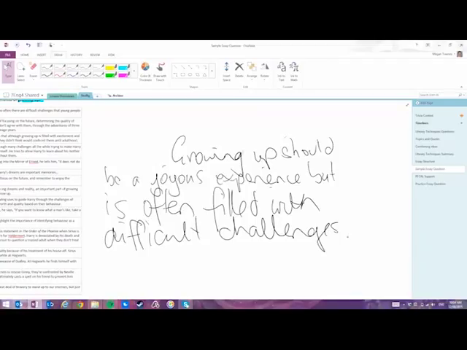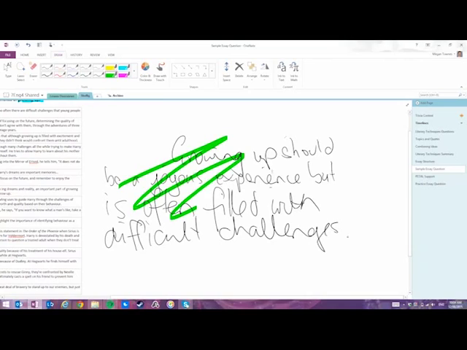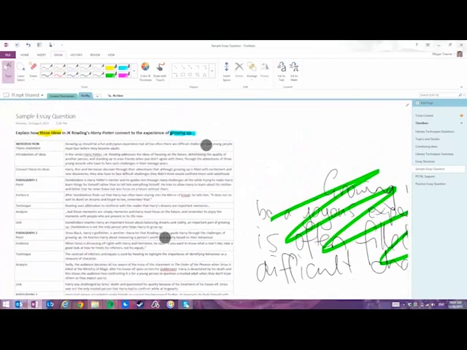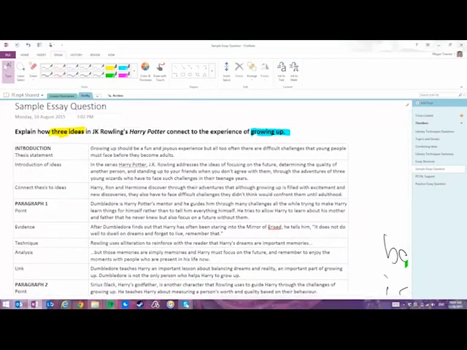with a thesis statement. So based on that thesis statement that I have created, you're then able to begin your essay and start to think about what that would look like. So for the introduction thesis statement, I've got just here, "Growing up should be a fun and joyous experience, but all too often there are difficult challenges that young people must face before they become adults."